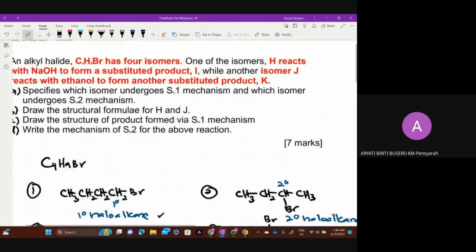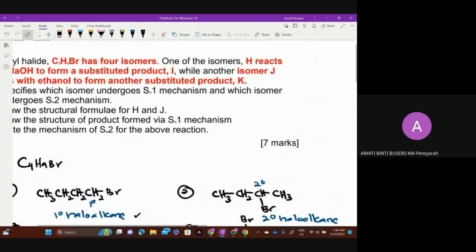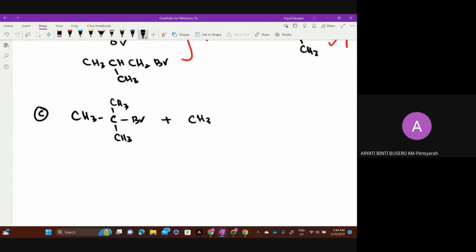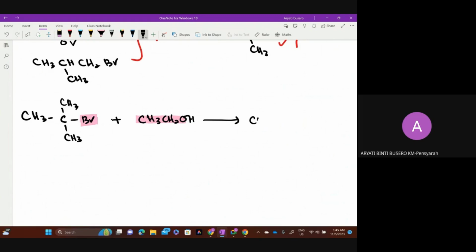React with ethanol. So dia akan buat nucleophilic substitution reaction di mana Br akan substitute dengan CH3 CH2O. So your product will be CH3 C CH3 CH3 O CH2 CH3. So this one another 1 mark.